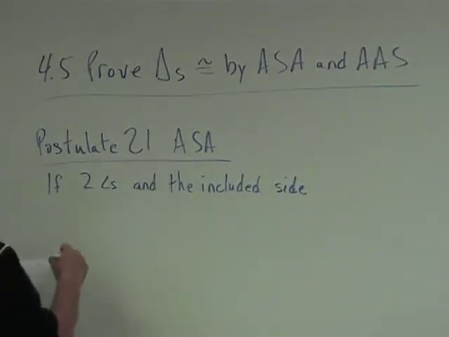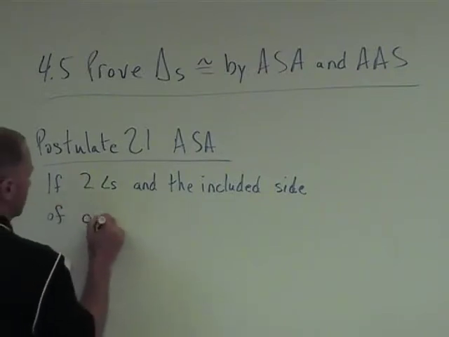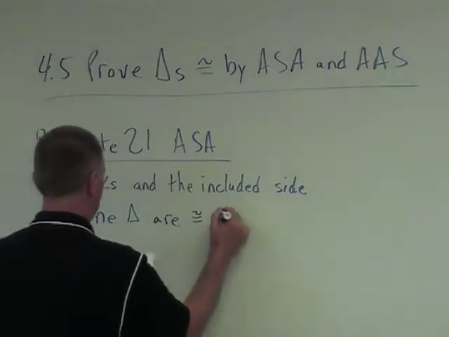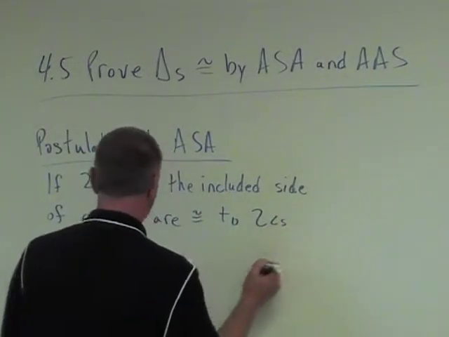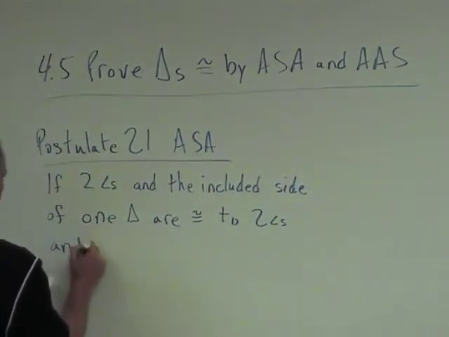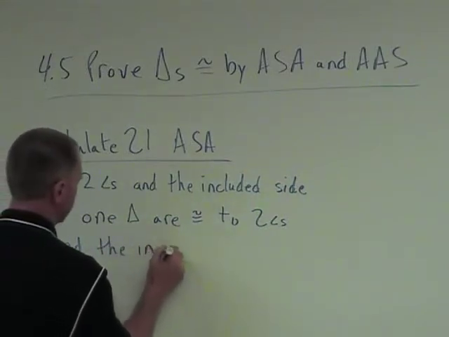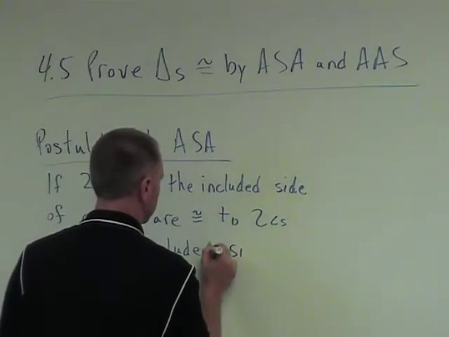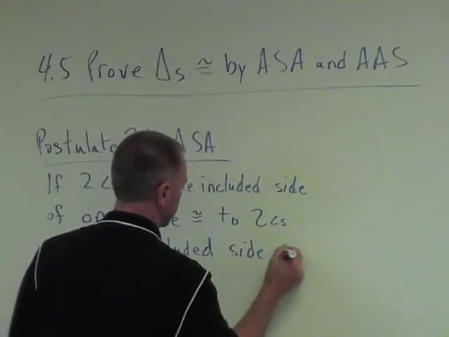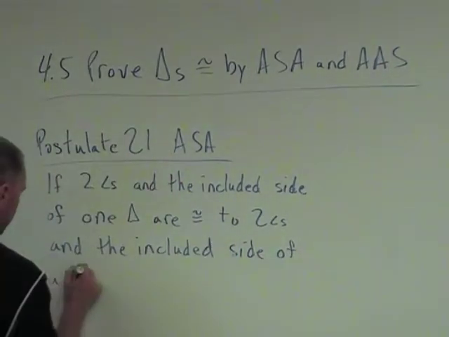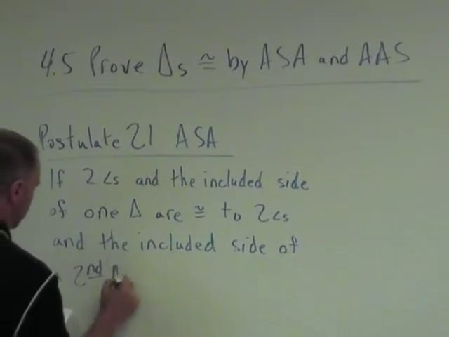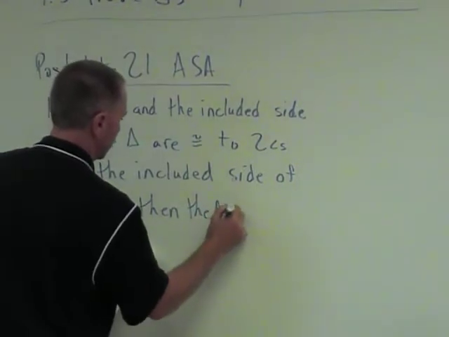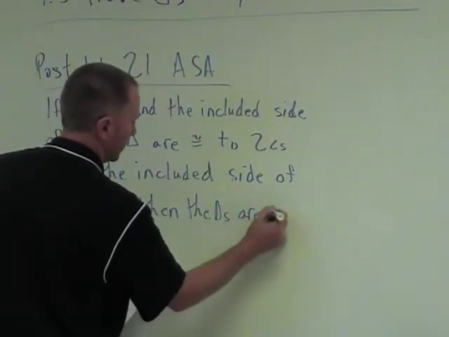If two angles and the included side of one triangle are congruent to two angles and the included side of a second triangle, then the triangles are congruent.